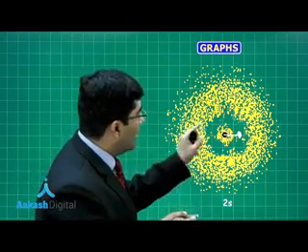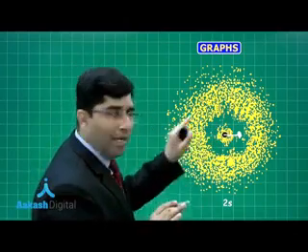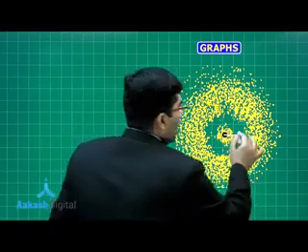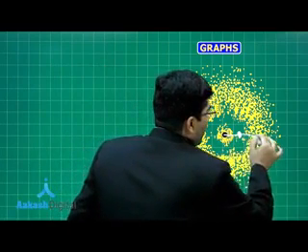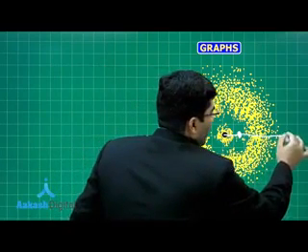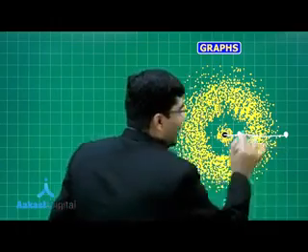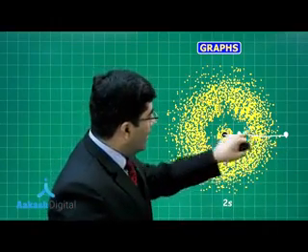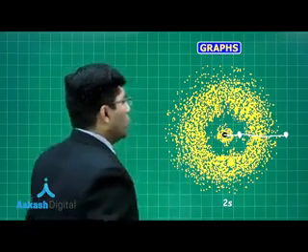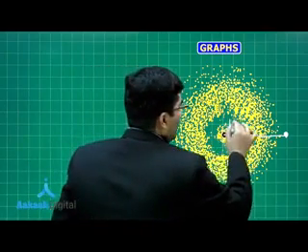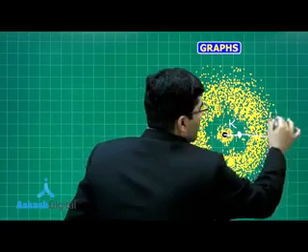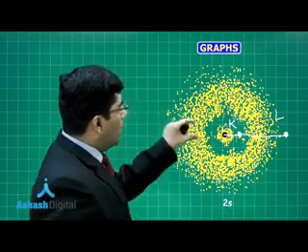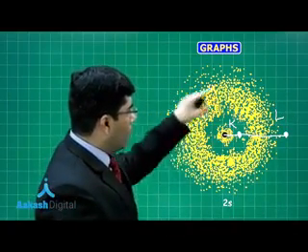Because this point is between the K shell and the L shell. If we go further, the probability will increase and then decrease, and again at this point the probability will become 0. 1s belongs to the K shell and 2s belongs to the L shell.